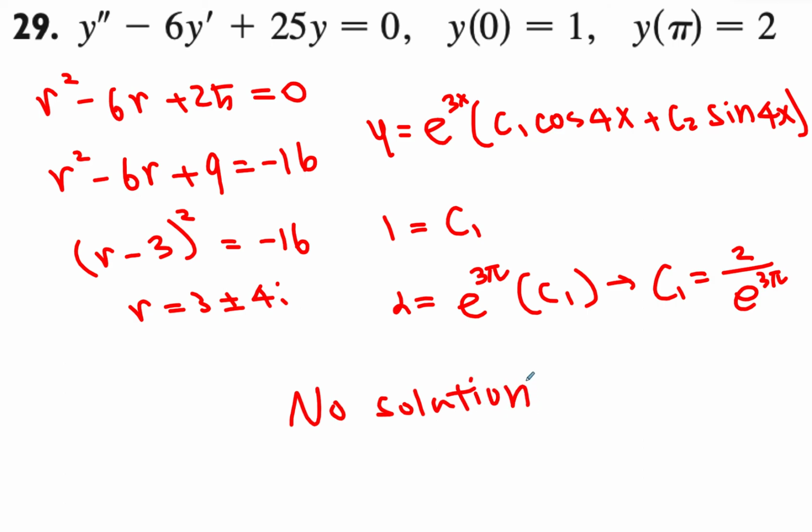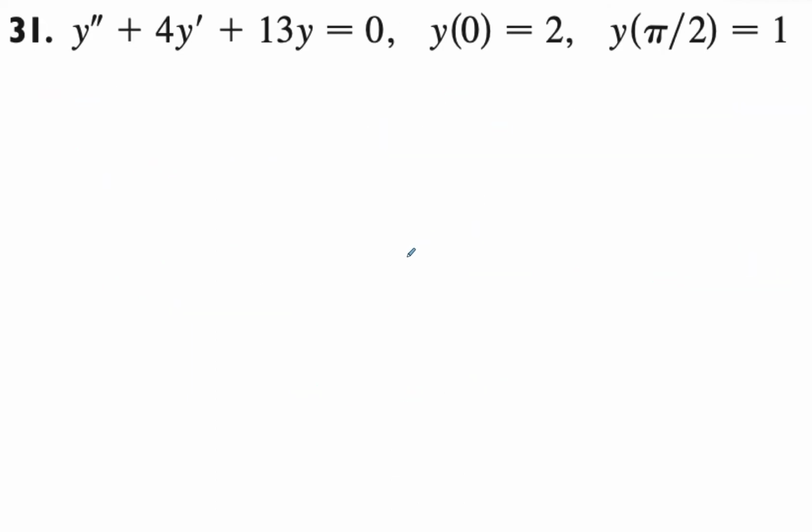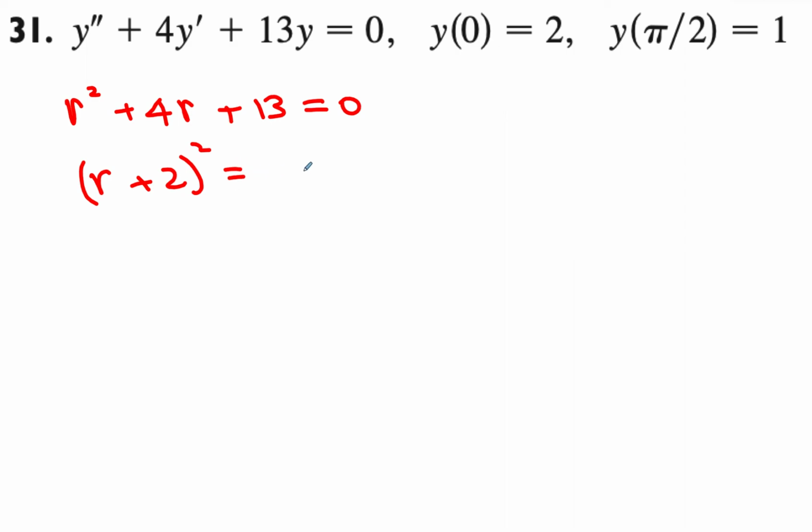All right, let's look at the next question, number 31. Here the characteristic equation is r squared plus 4r plus 13. Completing the square, r plus 2 squared equals negative 9.